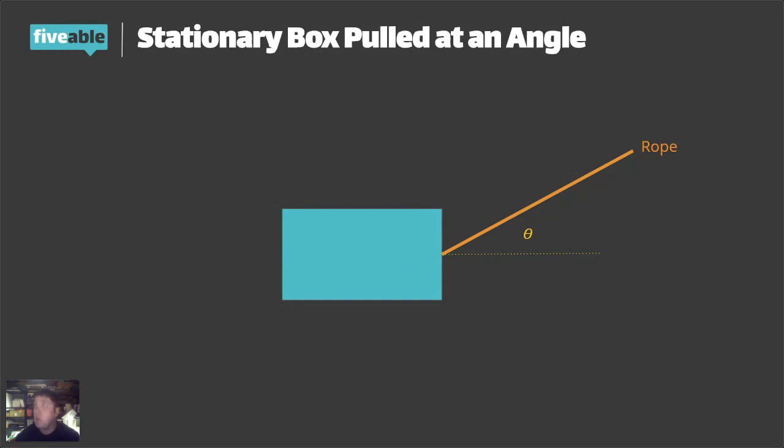All right, so let's go through the forces that are acting on this box. Stationary box sitting on the ground, pulled on by a rope, but that rope is now at some sort of angle. Right, so our first super basic force always has to be there: gravity.